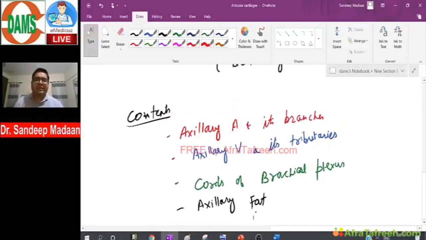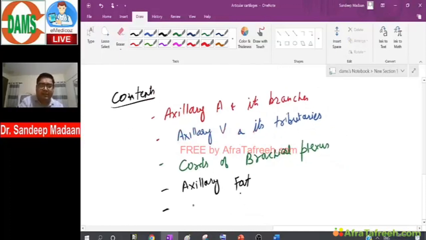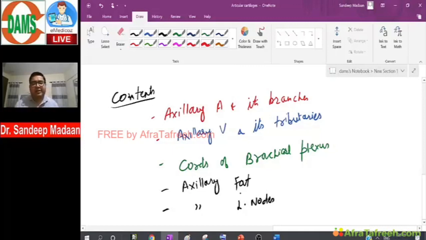These are the major things. You can write axillary lymph nodes also, which are again a very important part for the lymphatic drainage of the breast, and clinically also the axillary part is very important.